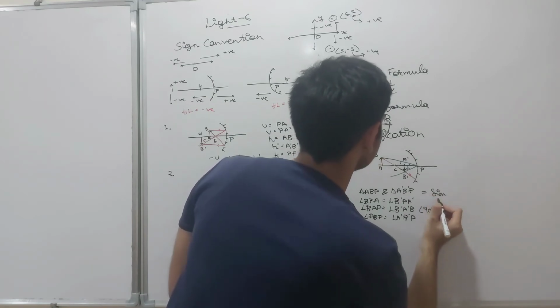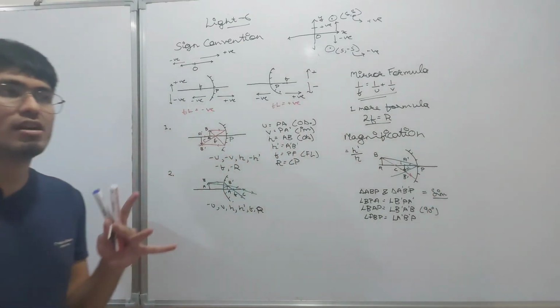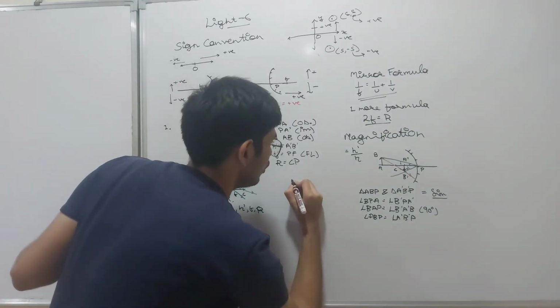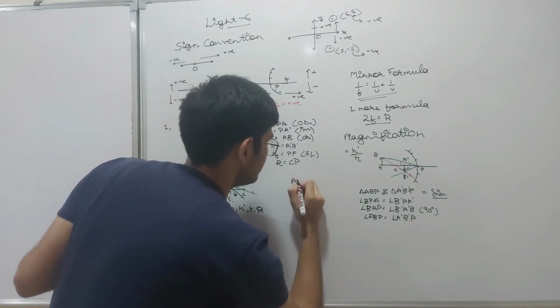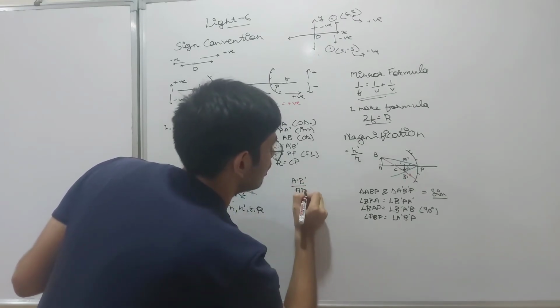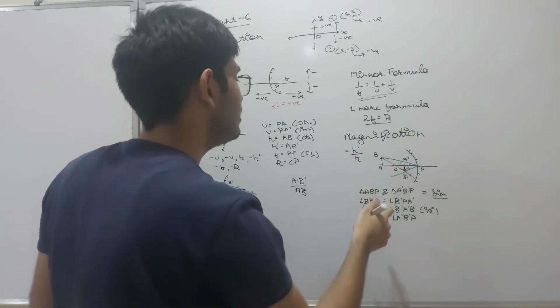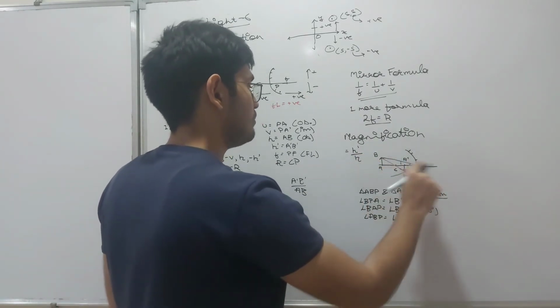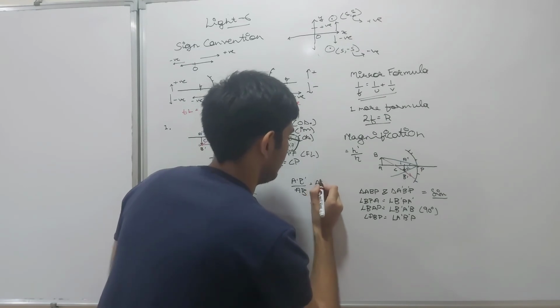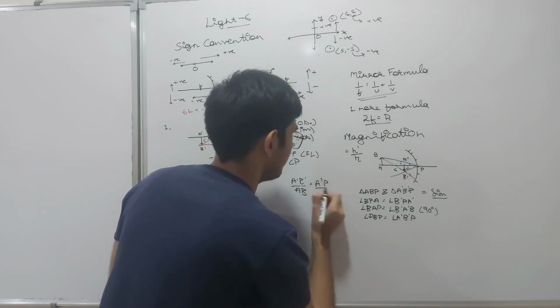Now, because they are similar triangles, can we equate the ratios of the sides? Can we equate A dash B dash by AB to A dash P by AP?